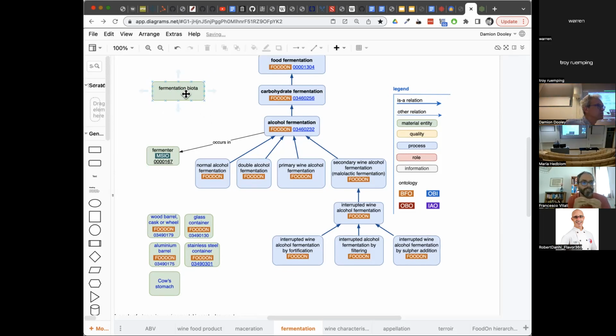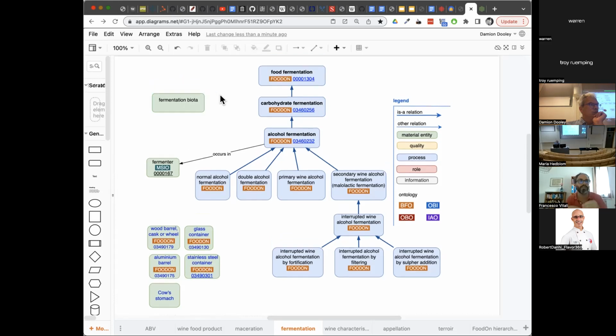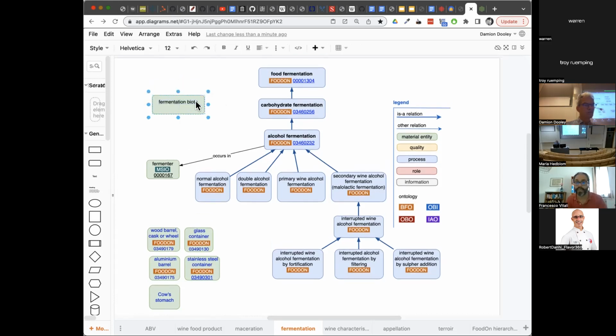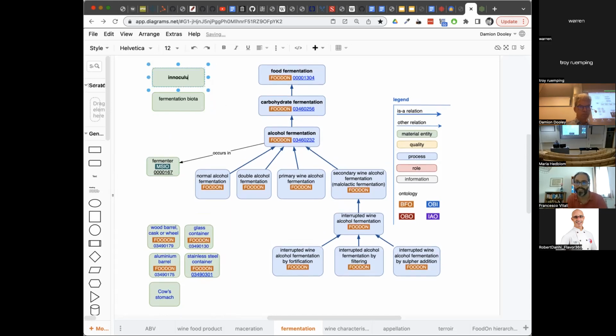So you can't say, okay, tomorrow I want to start a Parmesan cheese factory. You simply cannot do it because you need the backslopping process. So you need to have the product in-house, without thinking about regionality or something like that. You simply can't, because there is no inoculum. While, for example, in kefir fermentation, you can buy the inoculum, and tomorrow you can start an industry on your own if you want.